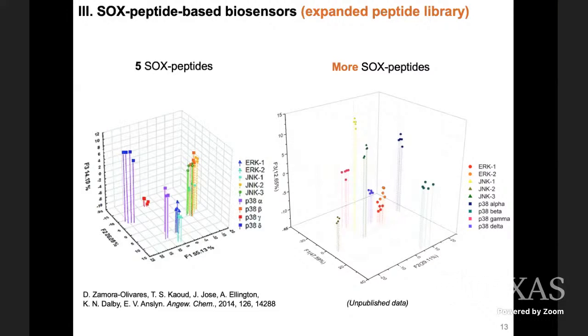It's hard because they have more than 85% identity at the amino acid level. And the 3 JNK isoforms are well separated in this space, the yellow, olive, and the green one. And more surprisingly, we got a very great differentiation of all the 4 P38 groups.